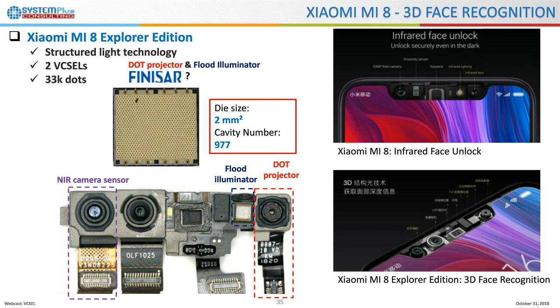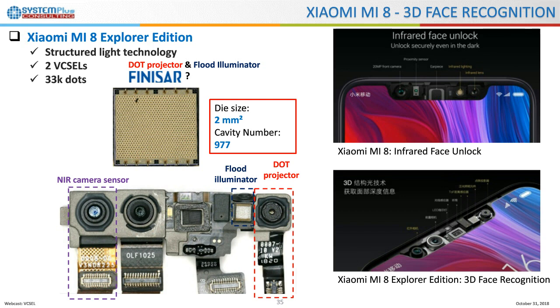The resolution of the dot projector is really similar to the one which is provided by Apple with 33,000 dots. And also, what is quite interesting here is that they are using the same VCSEL dies for the flood illuminator and the dot projector. So right now we are just investigating this VCSEL.